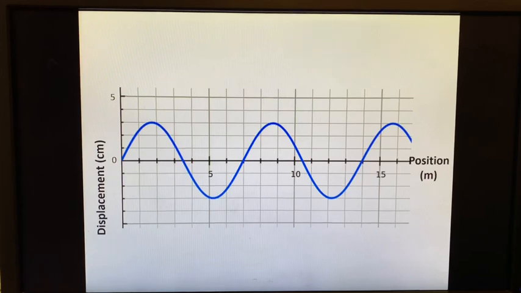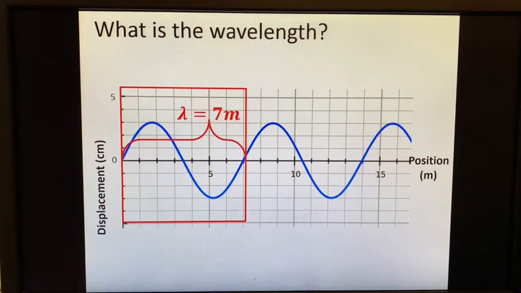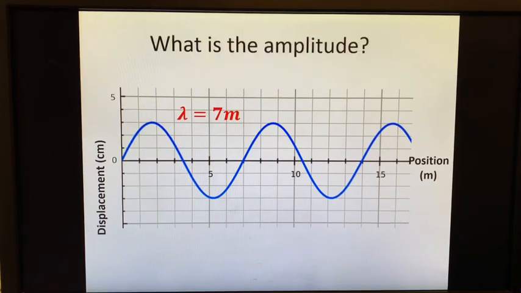New wave, new graph. What is the wavelength? Marking out one cycle, the length of that one cycle is 7 meters. That's the wavelength. What is the amplitude? Height from equilibrium position to the crest or down to the trough, it'll be the same. 3 centimeters.